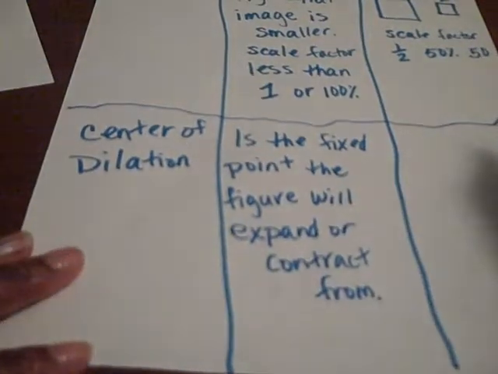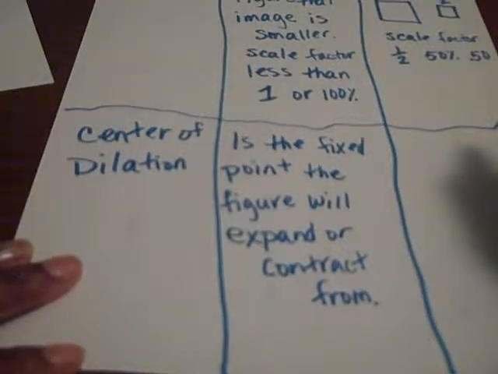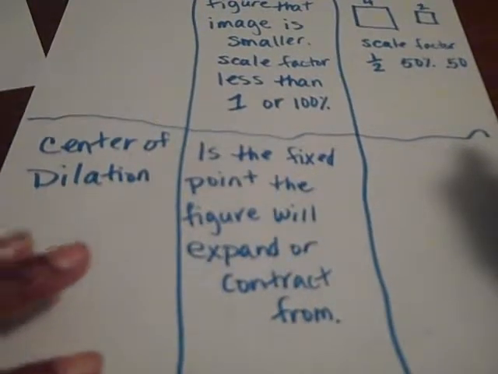In this case, it could be the center of the figure, or it could be one of the vertices. The definition or the directions will tell you where your center of dilation will be.